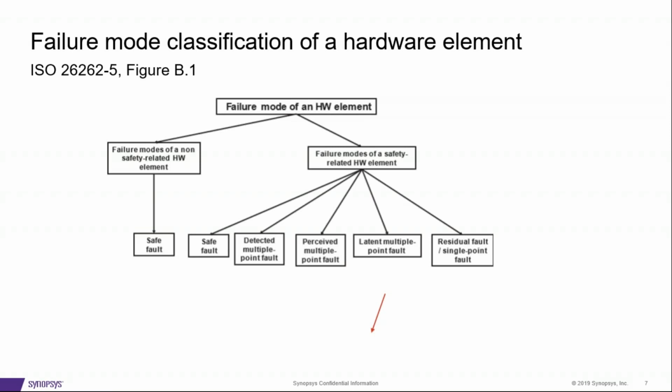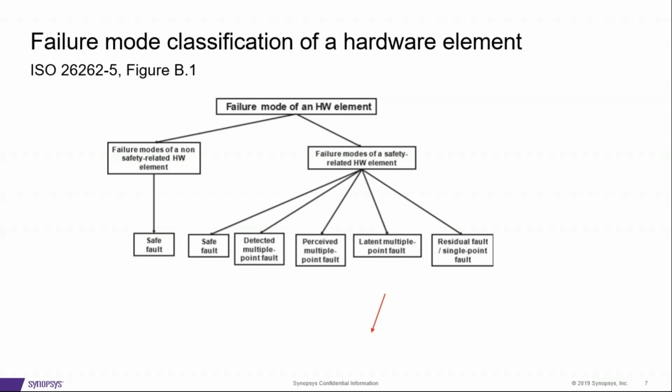Using these three, you will determine a particular ASIL level, which goes from A to D, D being the most stringent. The metrics that you need to generate will have certain criteria for these levels.